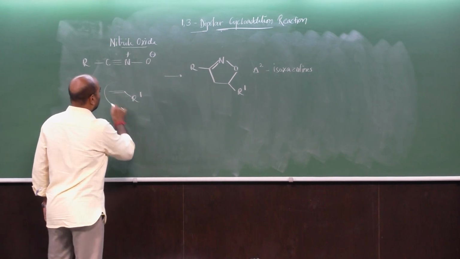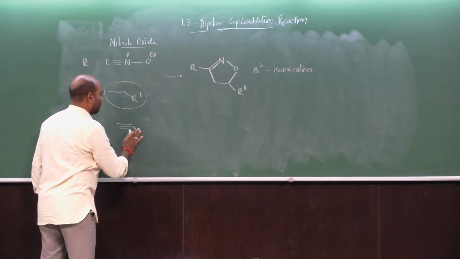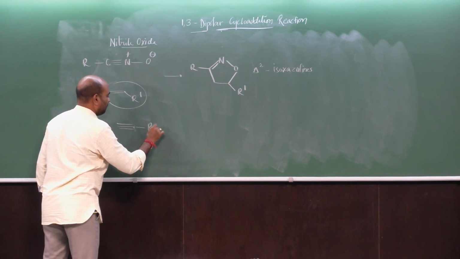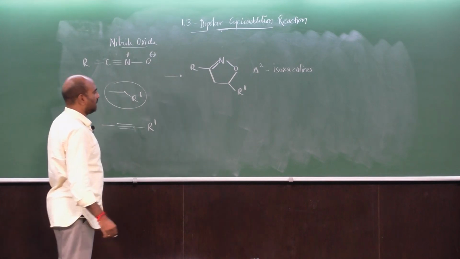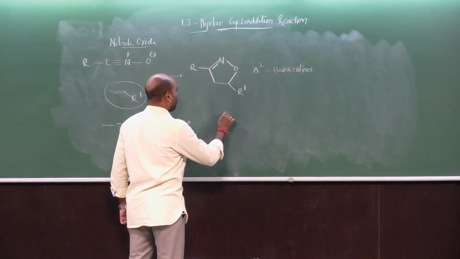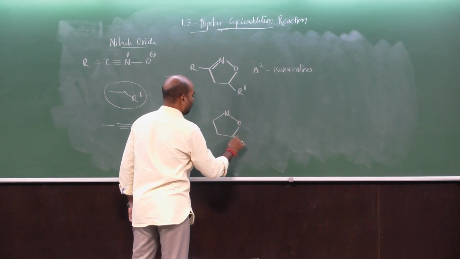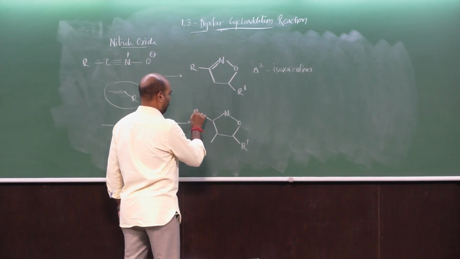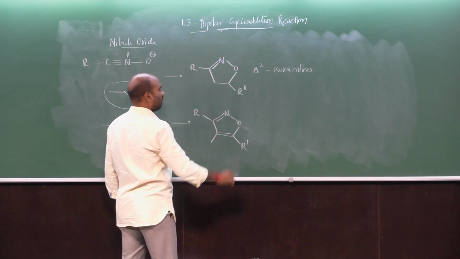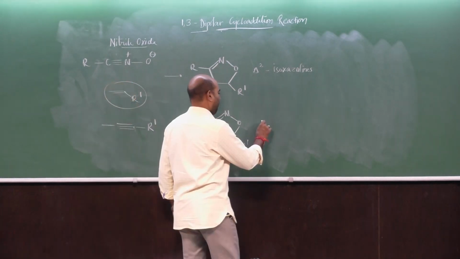Whereas, instead of an alkene, if an alkyne is used, what we will get is isoxazoles.